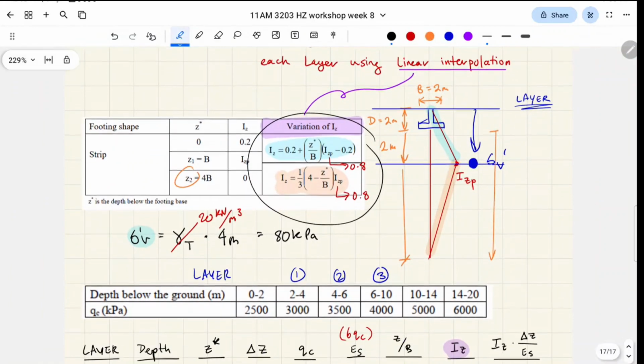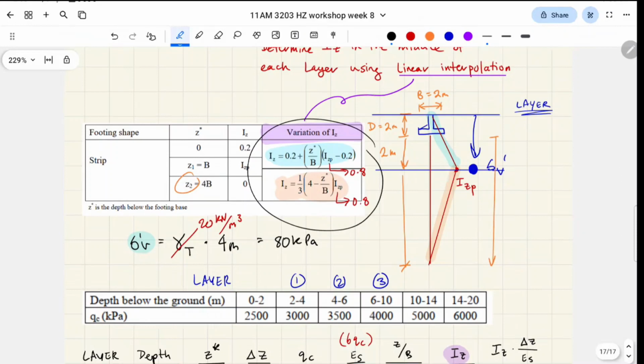So, we're given all this information in the question, but only 3 of these layers will actually be useful, because past 10 meters into the ground, these won't have any influence on our settlement, right? In terms of our strain influence, they'll be flat. So we only have to consider 3 layers here, okay?